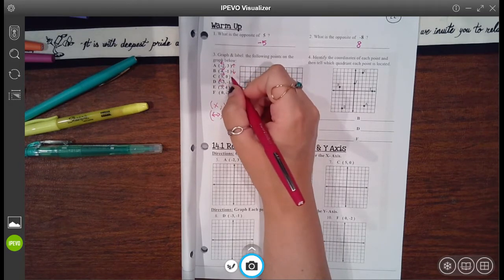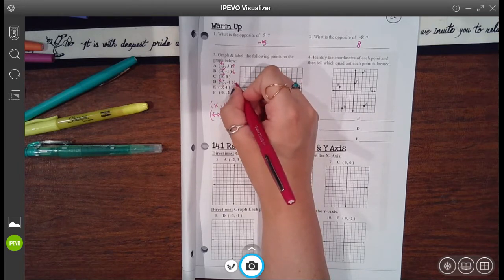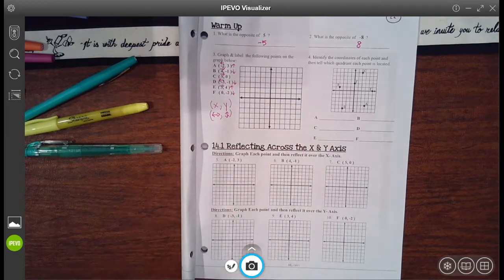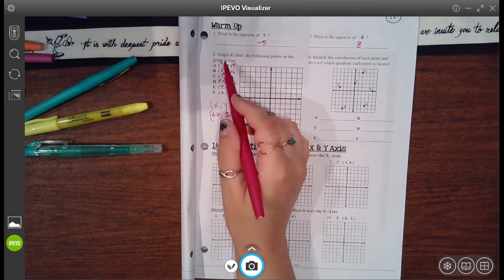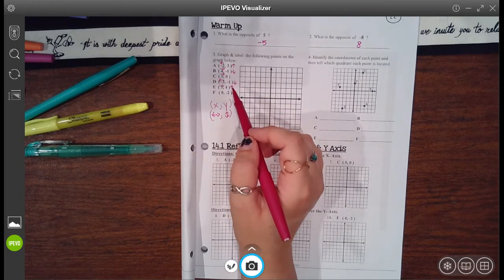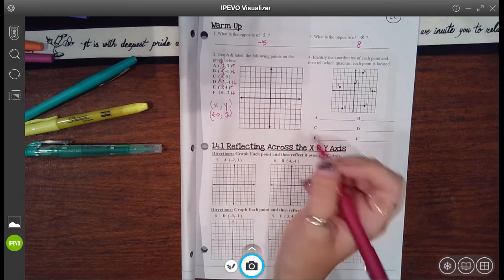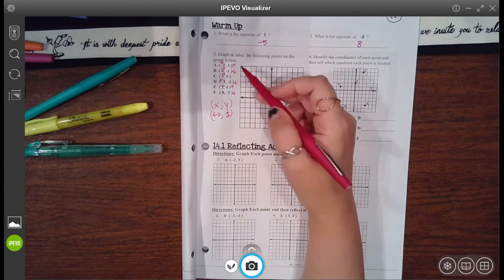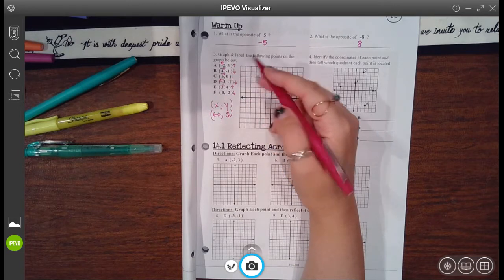It's negative, so down, nothing, negative, so down, positive, so up, and negative, so down. Some people like just doing that at the beginning. They focus on just the x's first, the right or left, and then just the y's, the up or down, and that kind of helps them. Or you can just jump right in. But if you find yourself messing up a lot, I recommend doing that little trick right there.